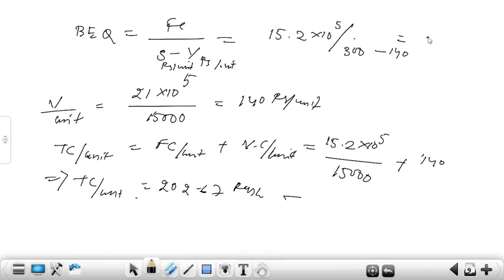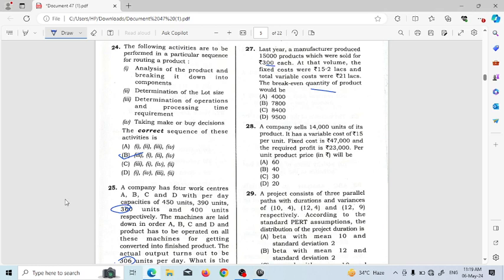After calculating, you get 9500. So option D is the correct answer.